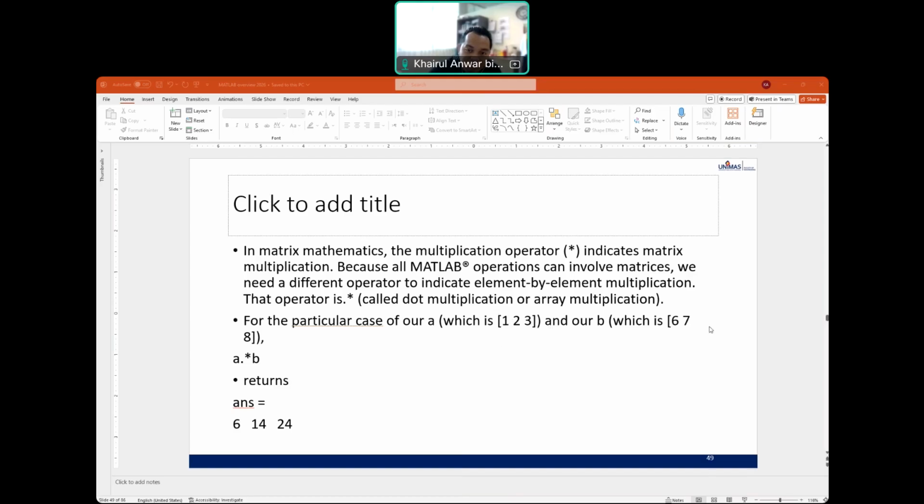To multiply each of them, you use a dot multiplication. So its answer is 6, you see, 1 times 6 is 6, 7 times 2 is 14, and 24. So that is the element-wise multiplication.